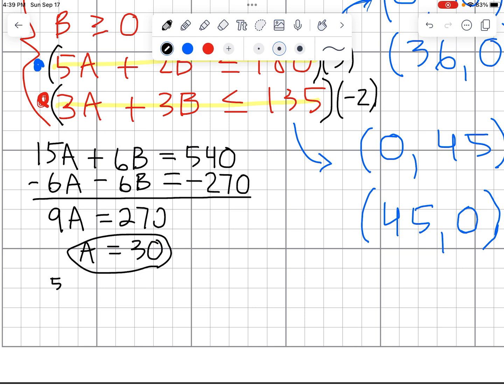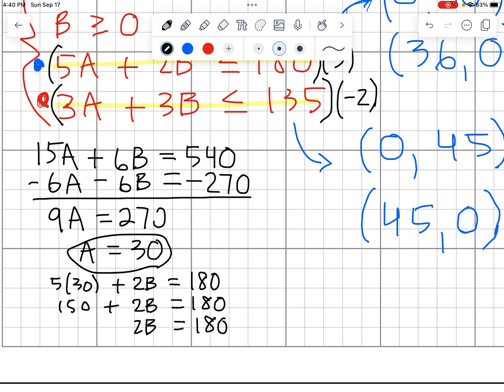So I have 5 times 30 plus 2b. And once again, I'm going to treat this like an equation. Equals 180. I'll multiply. Subtract. And divide.